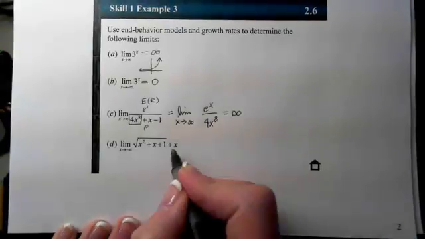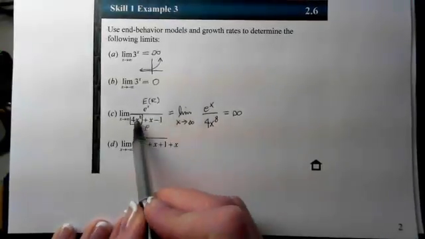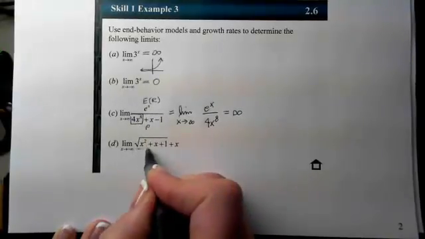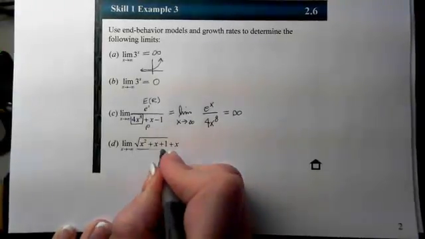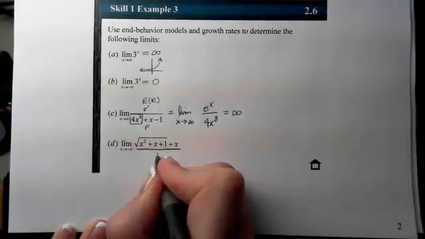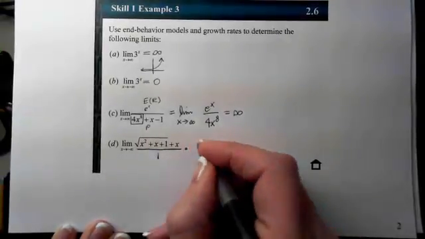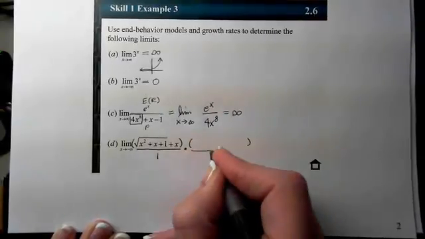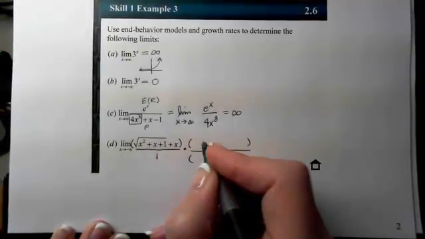If I look here, the reason I was able to compare growth rates is because I had a fraction. So what we want to do is create a fraction so that we can then determine dominant terms. To create that fraction in a way that will help us, I'm going to multiply by the conjugate on both the top and bottom.